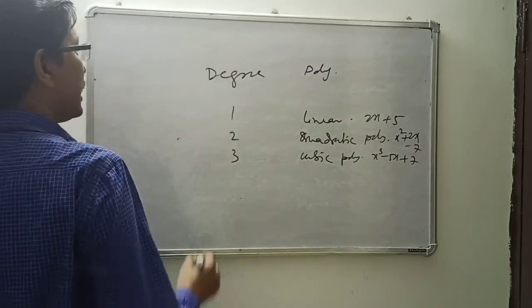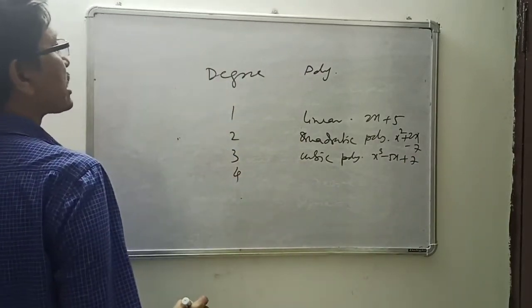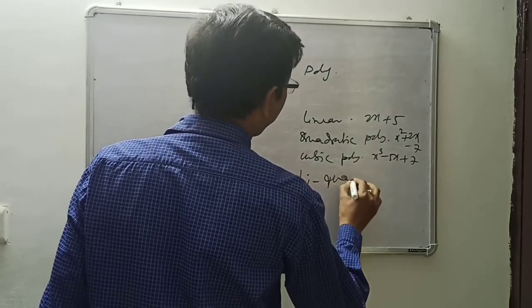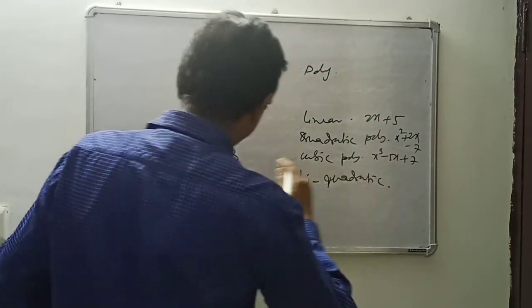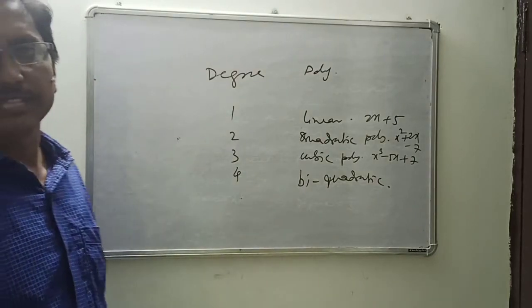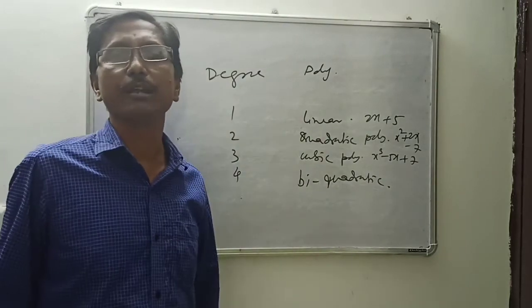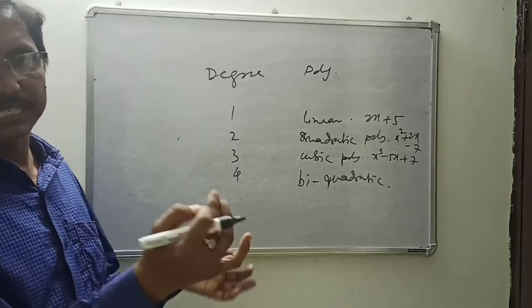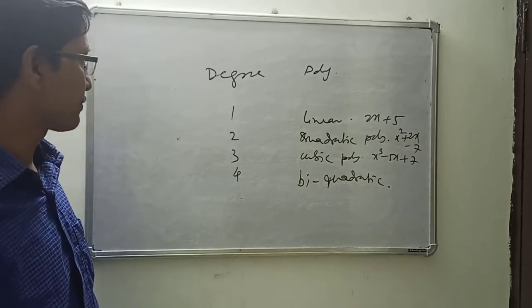Degree 4, highest power 4, is called biquadratic. And for even more, 5, 6, 7, we say 5 degree polynomial, 7 degree polynomial, like that.